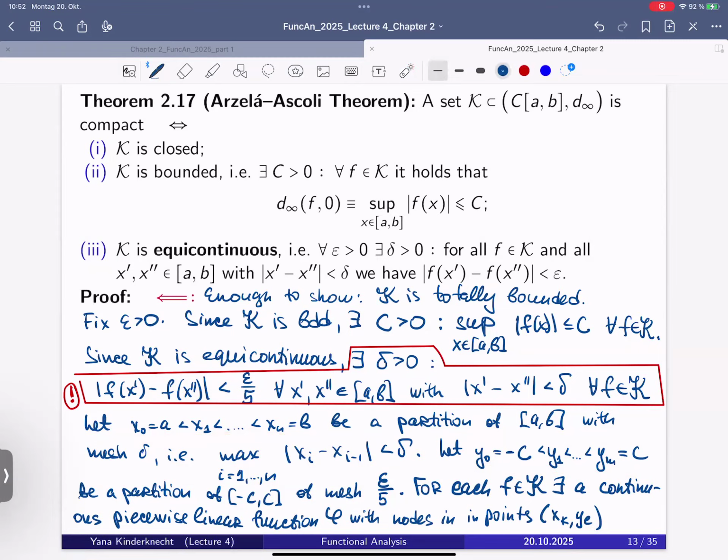So there exists a continuous piecewise linear function with nodes in such points, such that, and we will write it down on the next slide, such that what happens. But I guess you already understand. So these are the elements of my epsilon net. And as soon as we go to the next slide, there will be a picture of how such phi looks. So are you finished with writing?